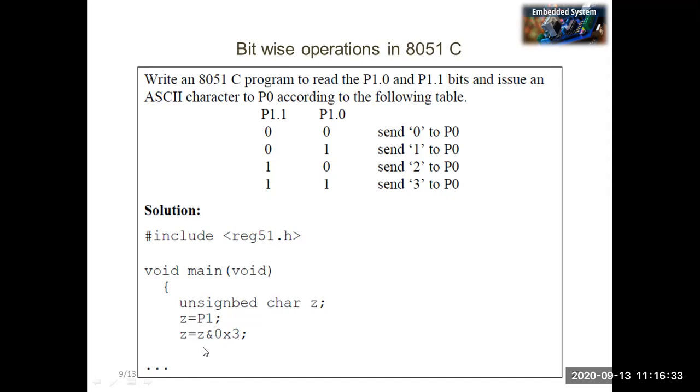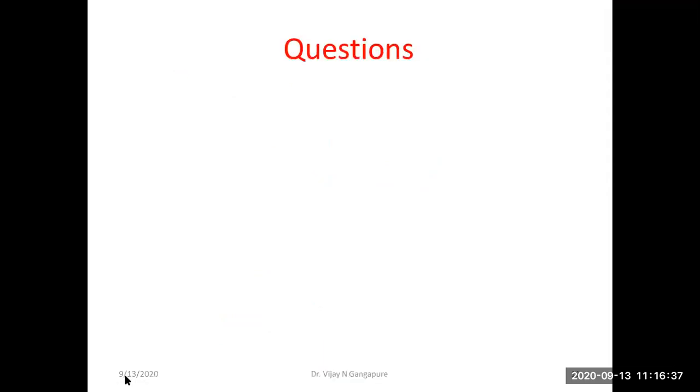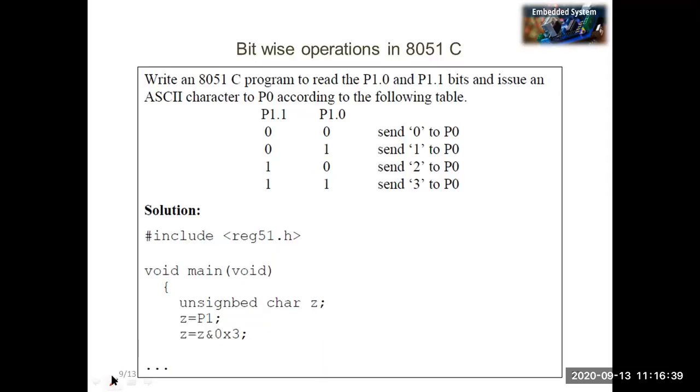Okay, then see, z is equal to z ampersand 0x3. So what am I doing now? Let us do it. Here first I am reading port 1 data in z, and then I am doing z AND with 0x3.